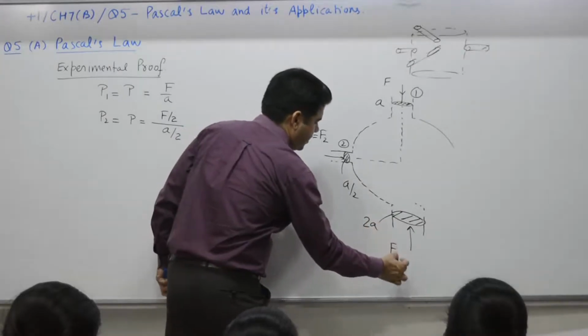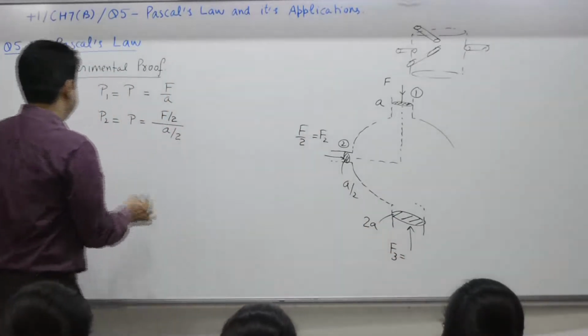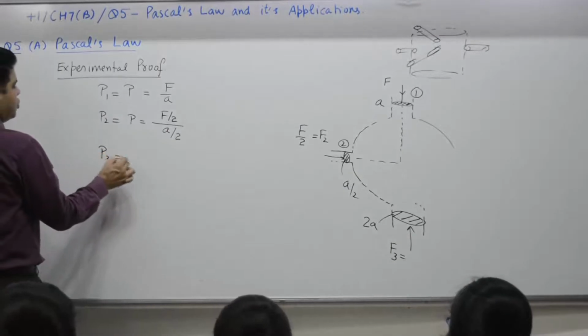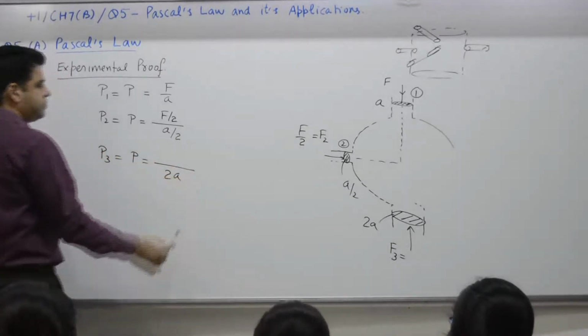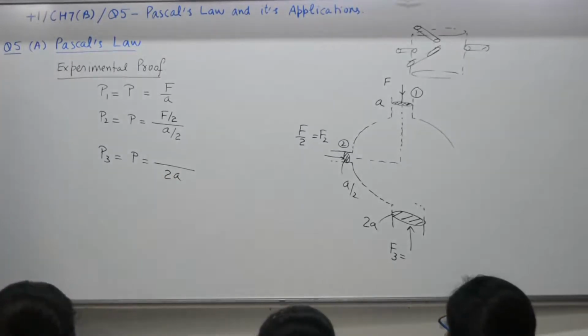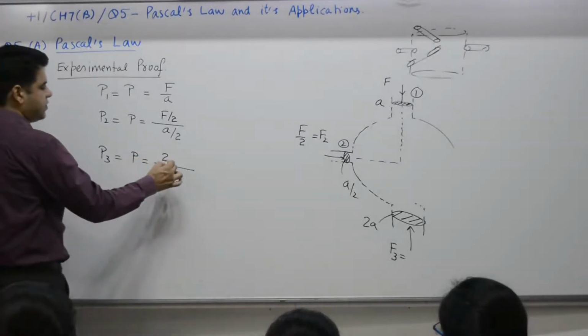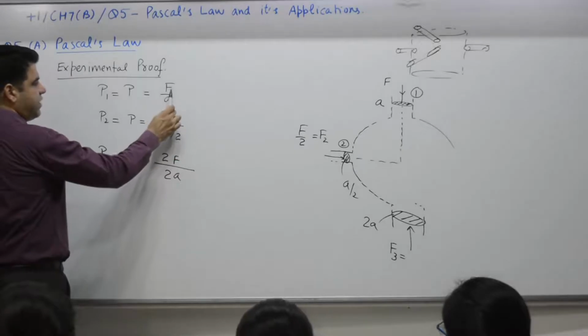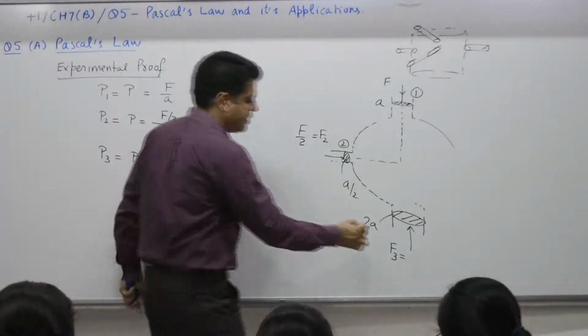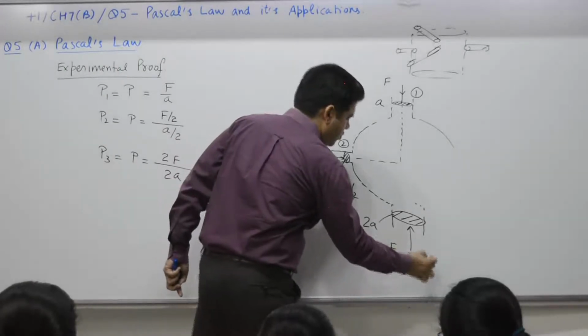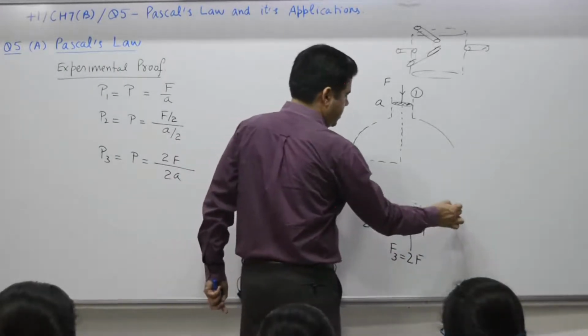What about F3? Pressure at 3 should also be P. Area is 2A. Force should be 2F, so that all ratios F by A, this is also F by A, this is also F by A. So F3 is equal to 2F.